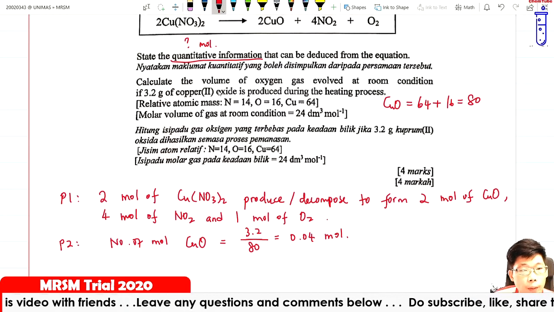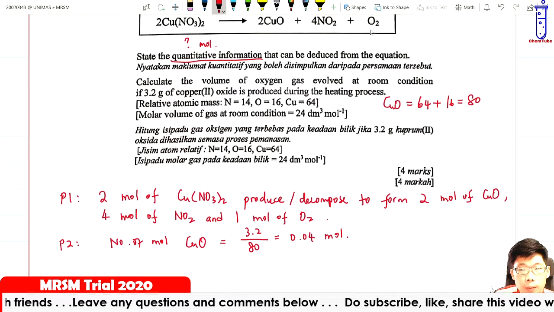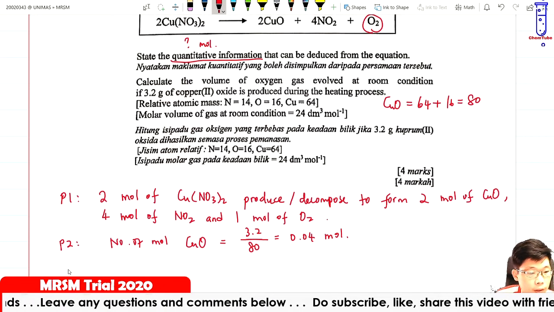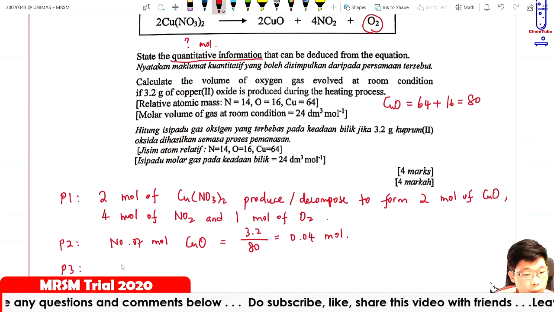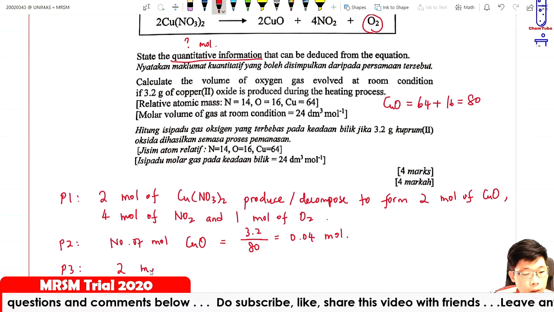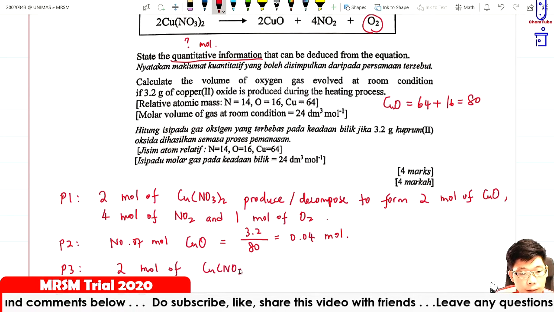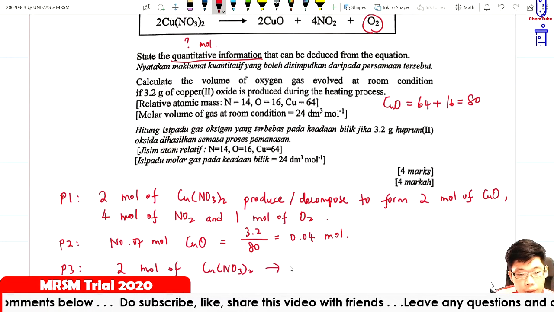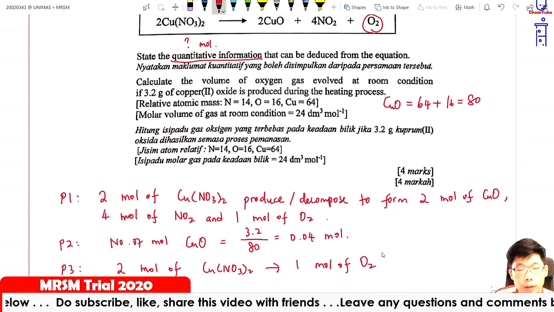So what is the volume of oxygen gas? So here, oxygen gas we have to compare. So point number 3 we need to compare the mole ratio. 2 mole of copper 2 nitrate produce 1 mole of oxygen, right?